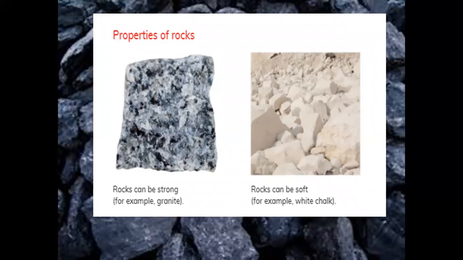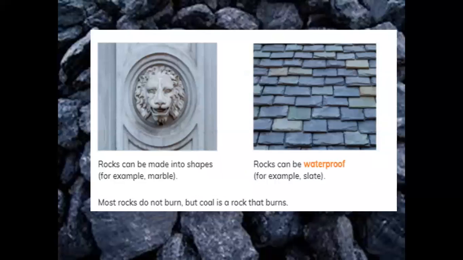Some are very strong, some are very soft, some are gray in color, some are white. Rocks can be made into shapes, for example, marble. Rocks can be waterproof, for example, slate. So, as I have told you, some of the rocks are soft.